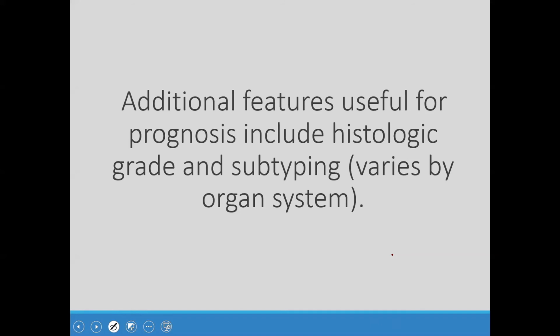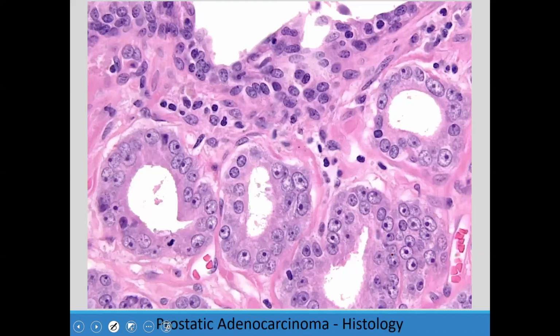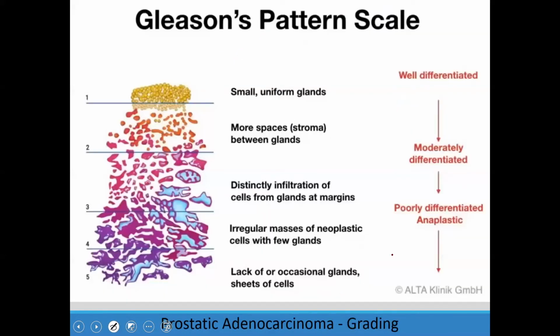And additionally, we also provide histologic grade and subtyping, which varies by the organ system. So for example, here's a picture of prostatic adenocarcinoma. So this is a patient that has adenocarcinoma of the prostate. And the way by which we grade adenocarcinoma of the prostate is we use something called the Gleason grading system. You're going to hear more about this as you move forward into CPP. But it's based on the architecture.